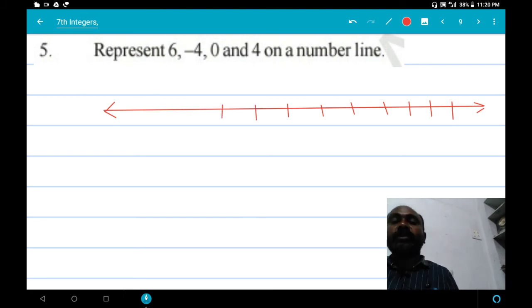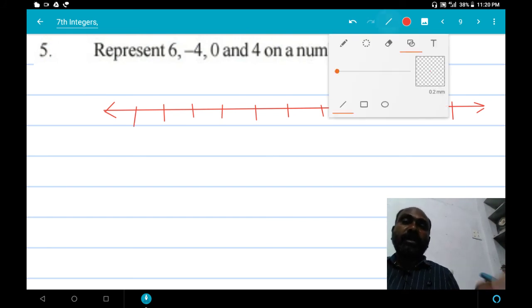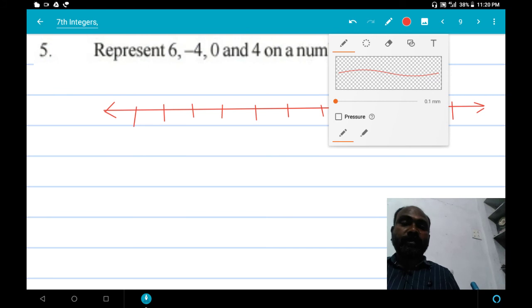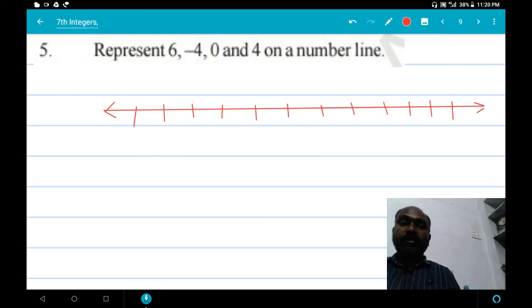So we write 0 here. On the right side, which numbers are there?